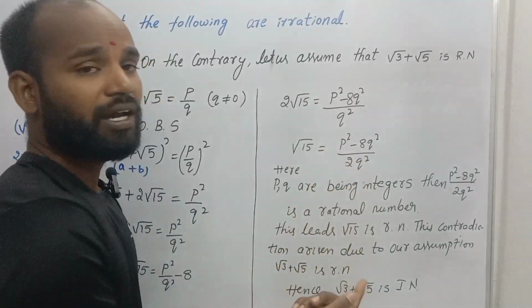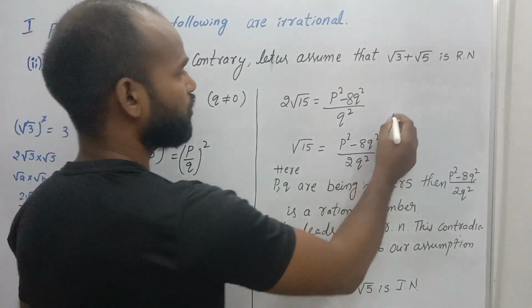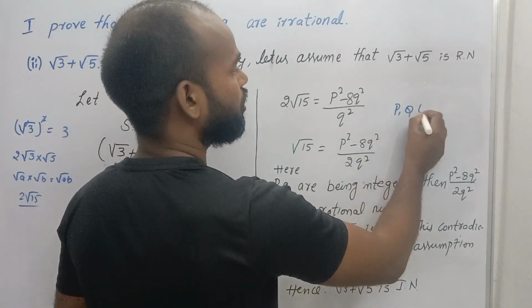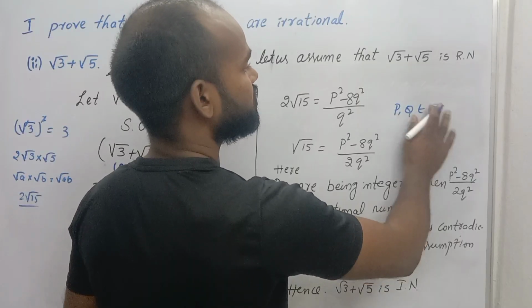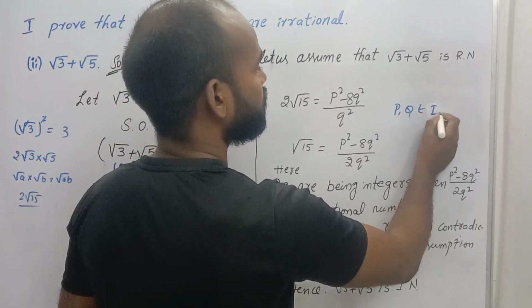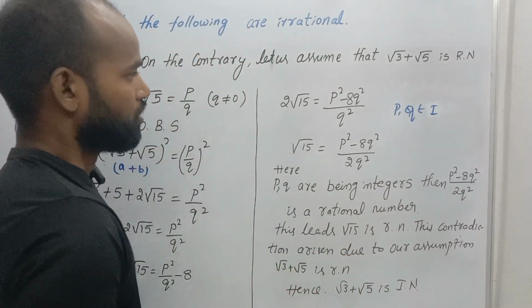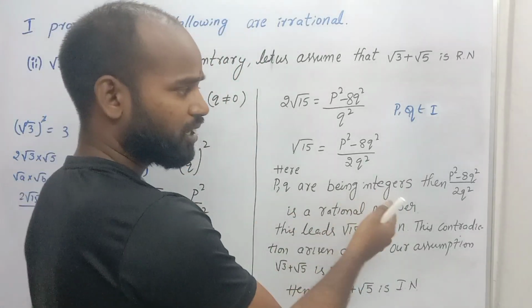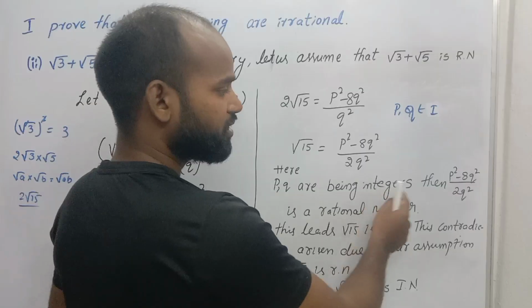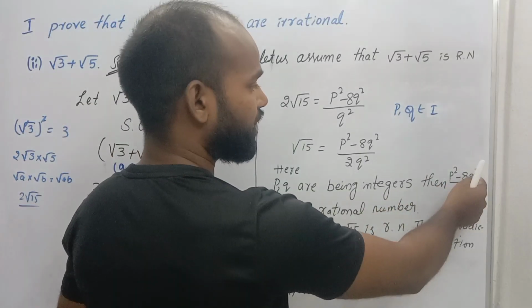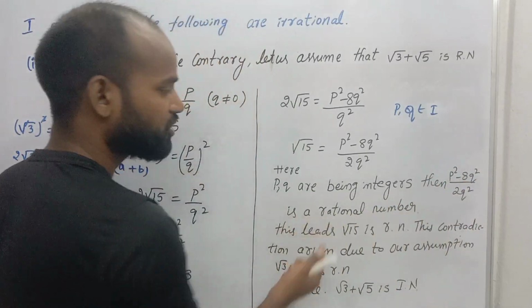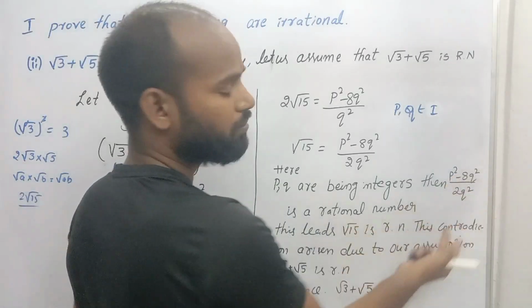Where p and q belong to integers, right? So p and q being integers, p square minus 8q square by 2q square is a rational number. Yes, why? Because it is in the form of a by b.